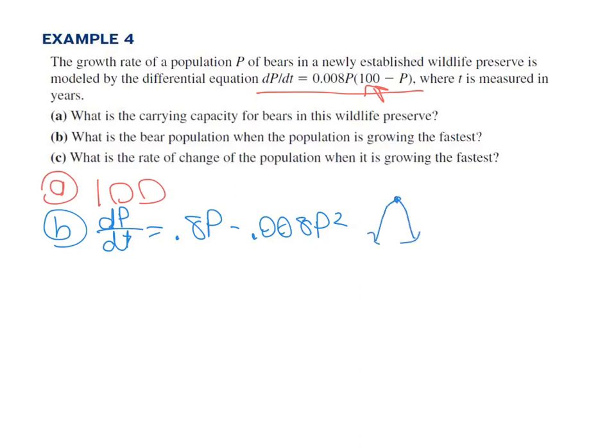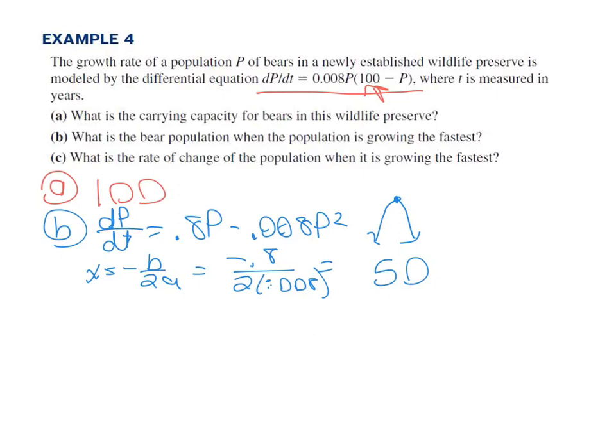So this point right here is going to be your max. So we're going to use our vertex. If you remember back from pre-calculus, x equals negative b over 2a. So therefore we have negative 0.8 over 2 times negative 0.008, which is going to give you the answer of 50. So when the bear population is 50, that's when it's growing the fastest.